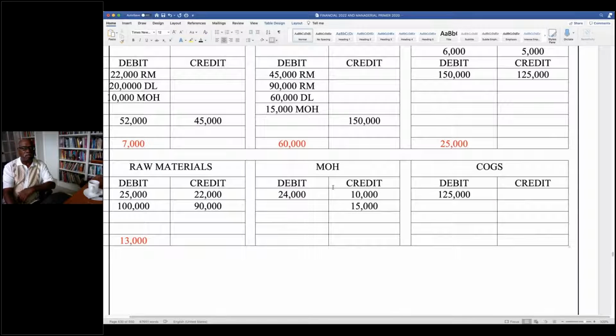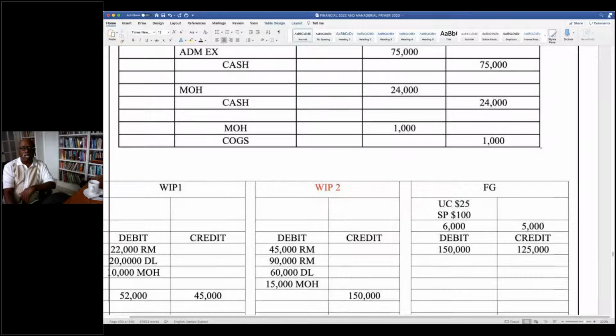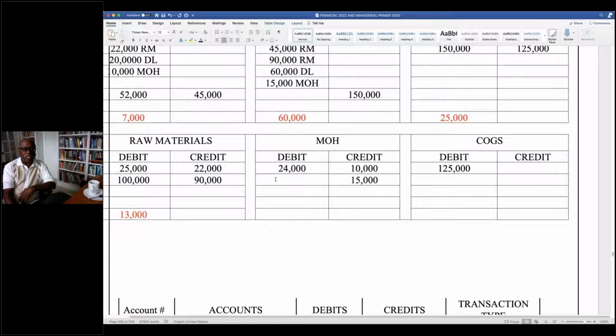We're going to debit MOH for 1,000 to zero out our manufacturing overhead account. So that will mean that we over applied $1,000. So we go ahead and post that, and when we post it, this account zeroes out.